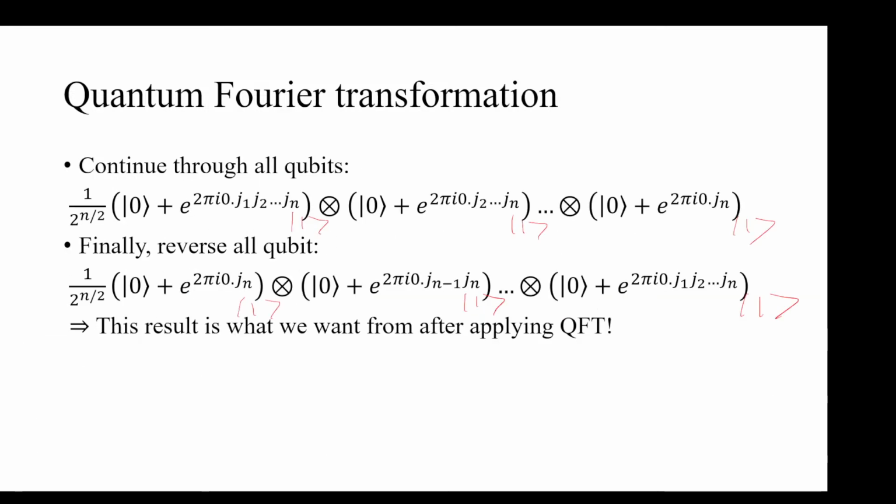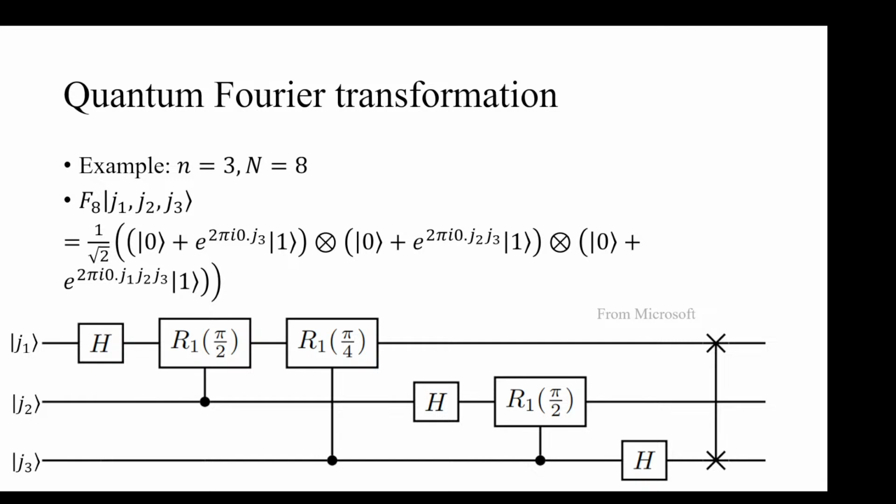If there is no question, then let's run a small example. If small n equals 3, which means big N equals 8, we'll try to run QFT on j1, j2, j3.